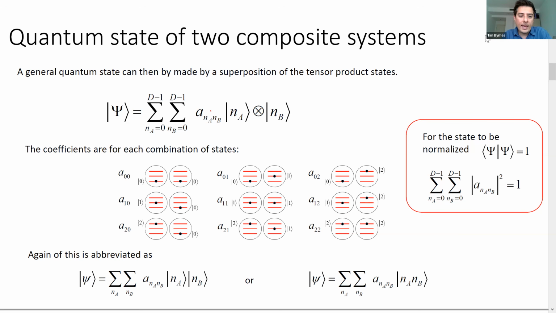So NA runs from 0 to D minus 1. This is just Alice's dimensions, right? So that's D dimensions for Alice, and NB runs between 0 and D minus 1 again.